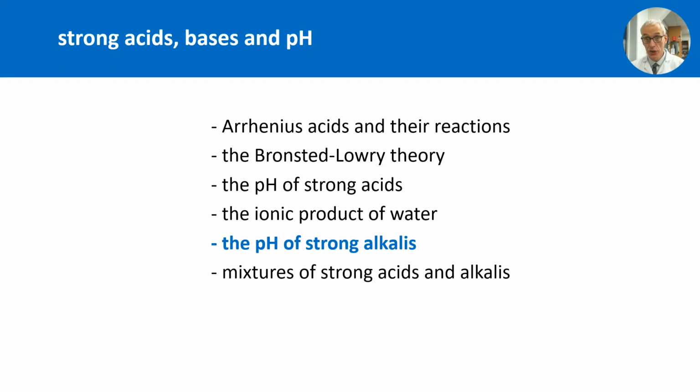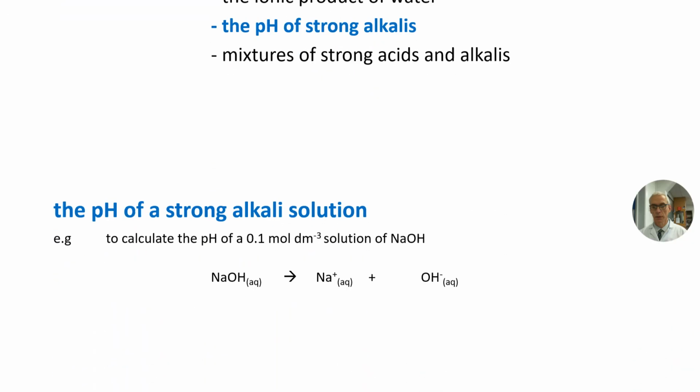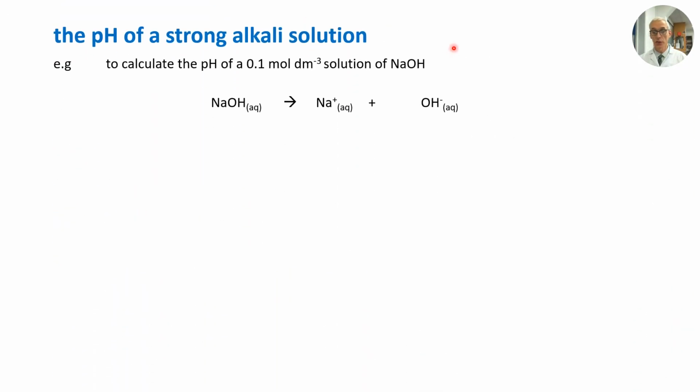The pH of strong alkali. So let's look at how to calculate the pH of a strong alkali. And we will need to use the value of Kw. So, for example, to calculate the pH of a 0.1 mole per decimeter cubed solution of sodium hydroxide. Now, sodium hydroxide is a strong alkali.